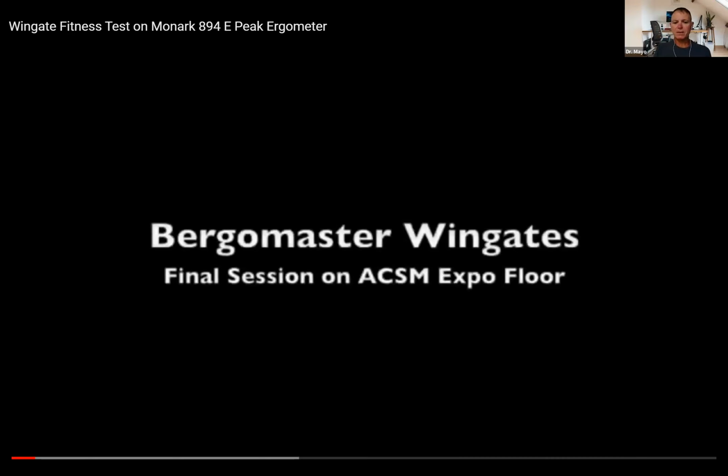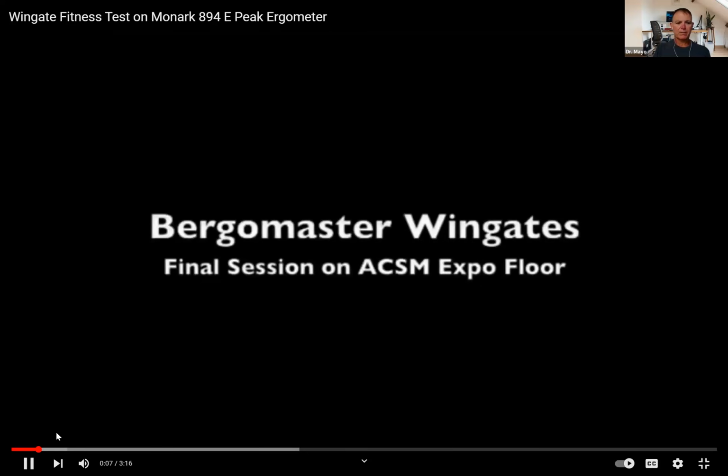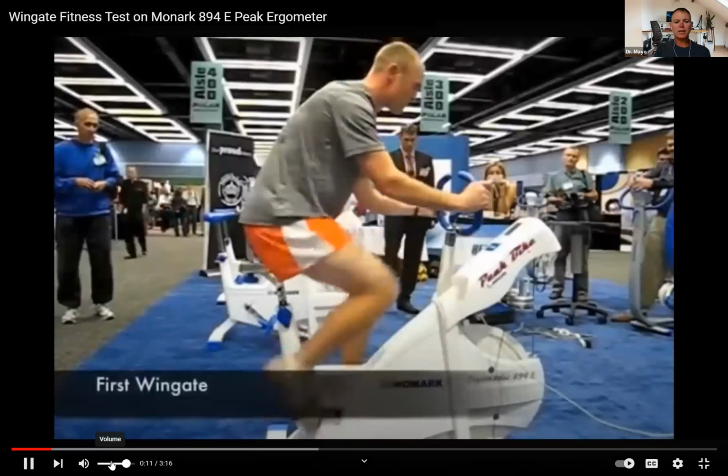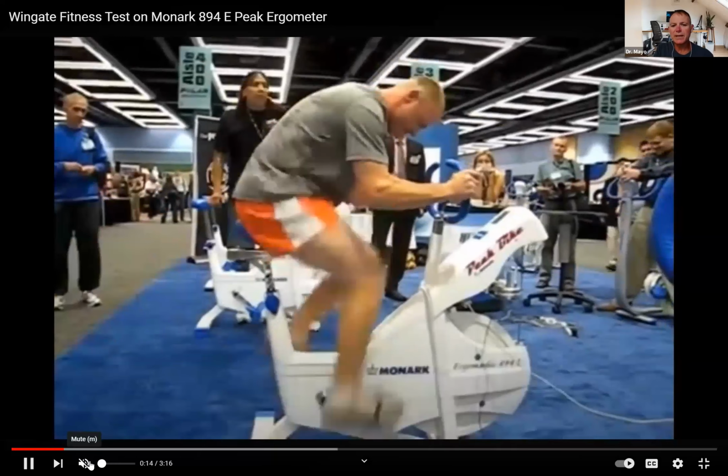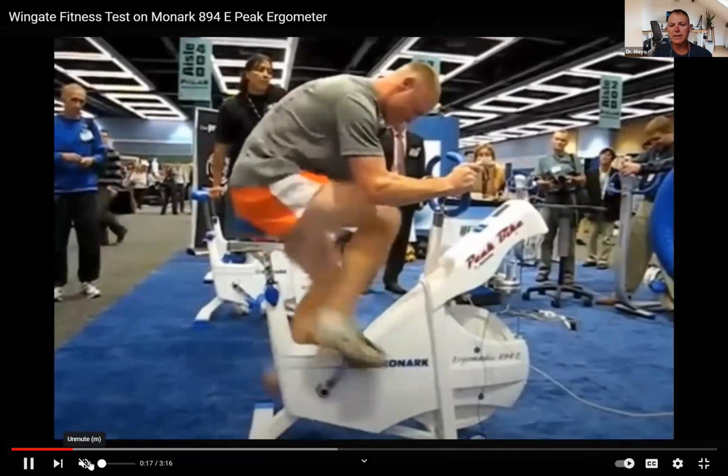All right. Y'all see my screen here where it says Wingate? Yes, okay. So I'm going to play this. This Wingate test is an all-out bike test, all out for 30 seconds.